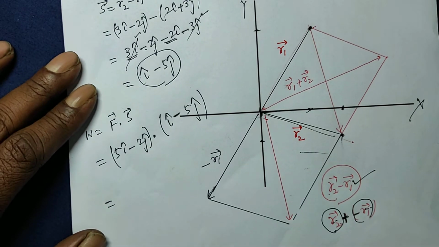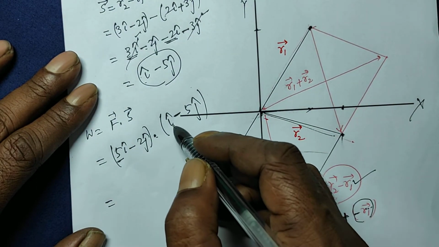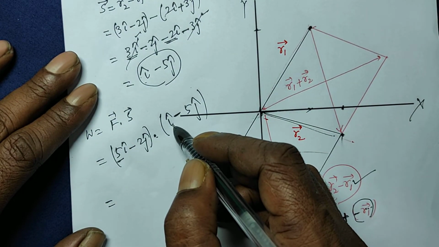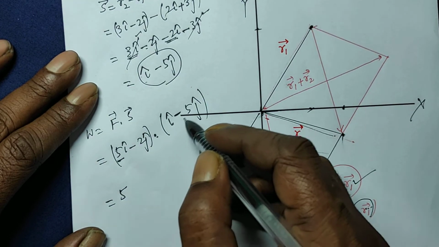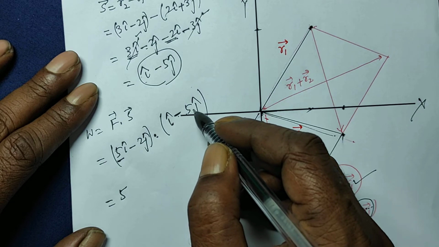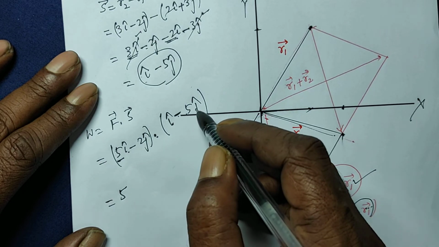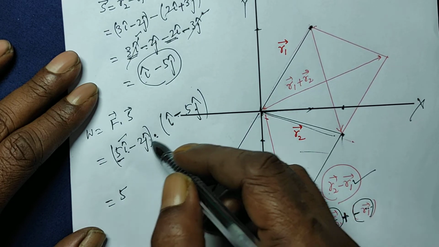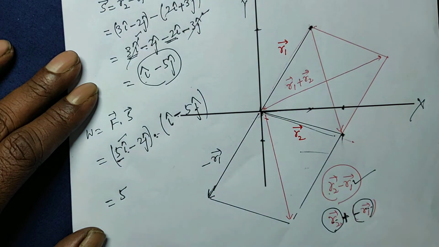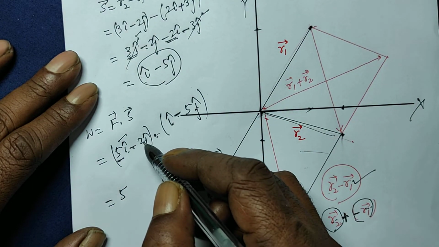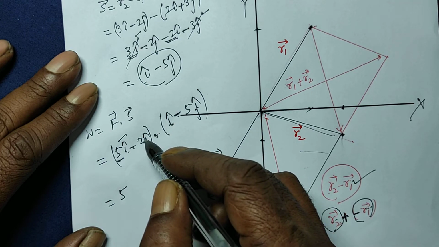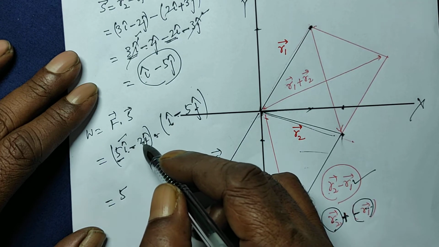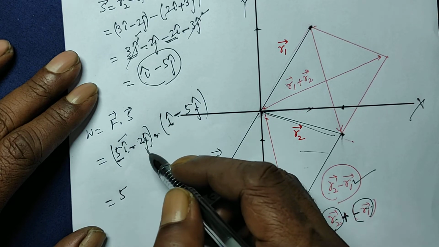In the dot product, 5i dot i, i dot i is 1, 5 into 1 is 5. 5i dot minus 5j, i dot j is 0, so that is 0. Then minus 2j dot i, j dot i is 0, so that contribution is 0.